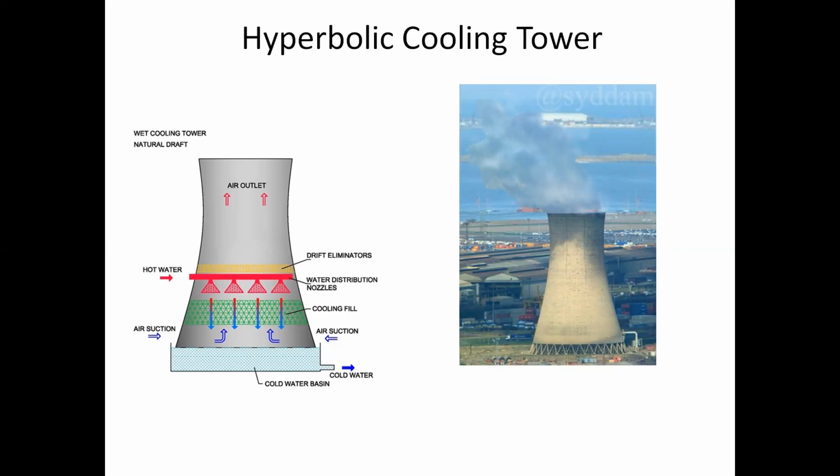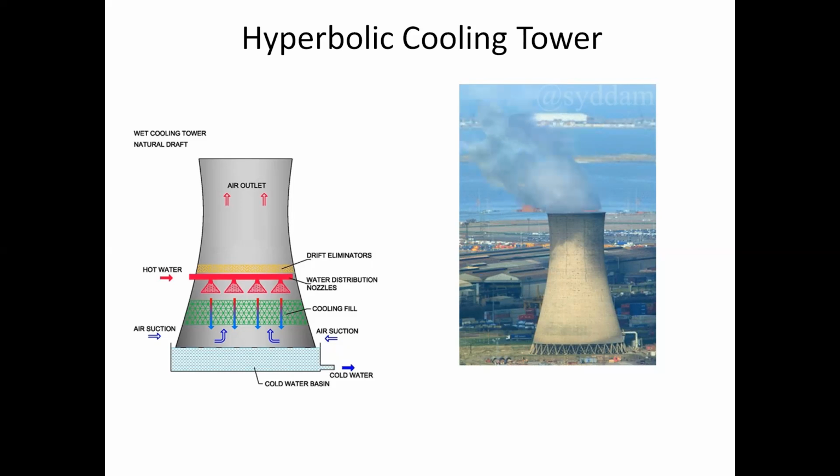Now there is air. The air is passing from the bottom side of this cooling tower, and as there is a convergent and divergent section, you can see there is a divergent area which is going to increase the velocity of air which is coming out.